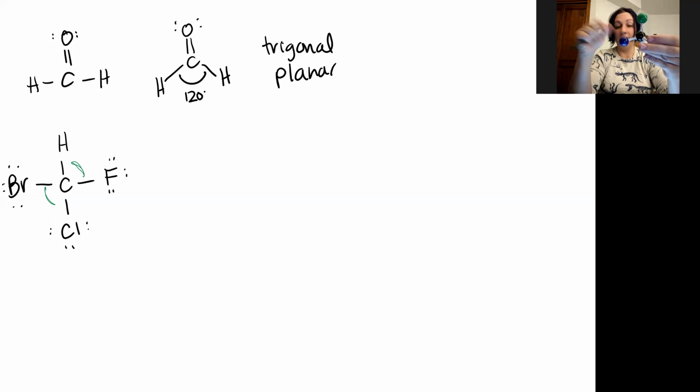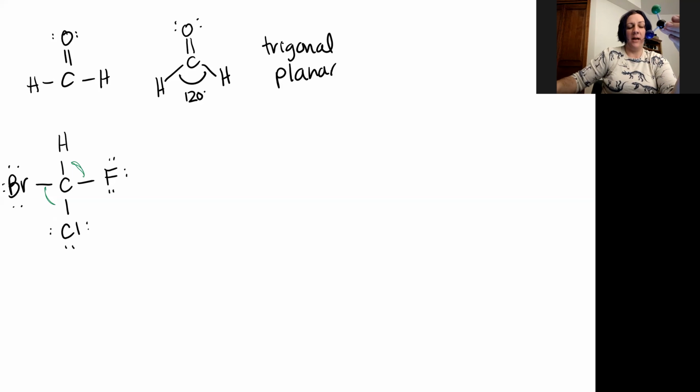It's bigger than that. I compare it to my water molecule. It's really similar to that water molecule in terms of a bond angle between my oxygen and my hydrogens in water.